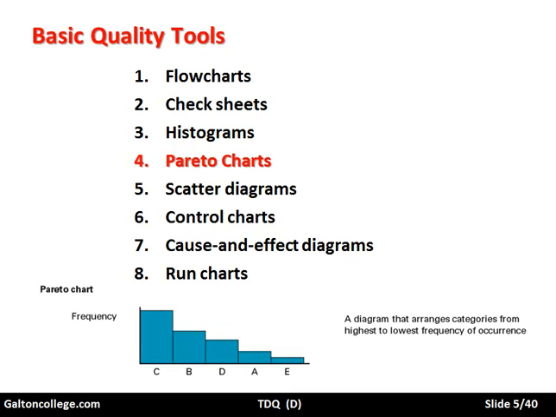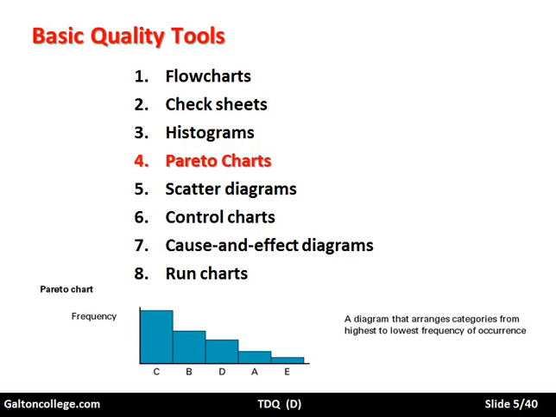Then we have what's known as Pareto charts, named after the Italian economist Alfredo Pareto, who lived around the 1930s. The Pareto chart is just a diagram that categorizes occurrences from the most frequent down to the least frequent.